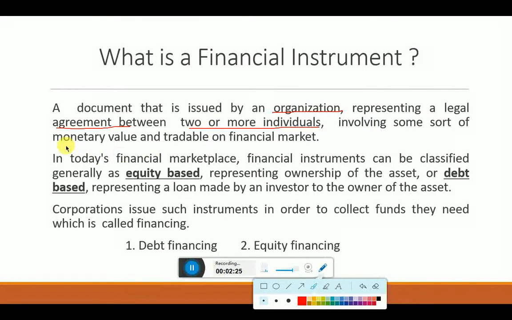So basically there are 5 characteristics of a financial instrument or financial security.